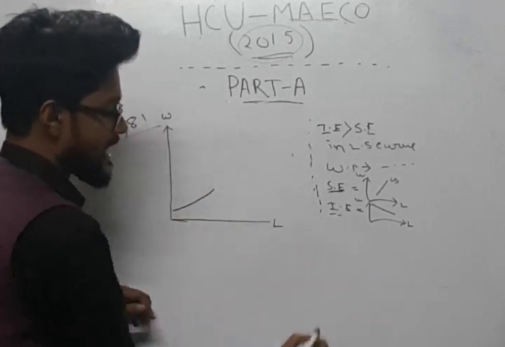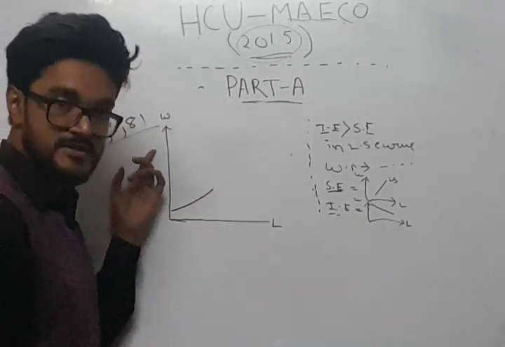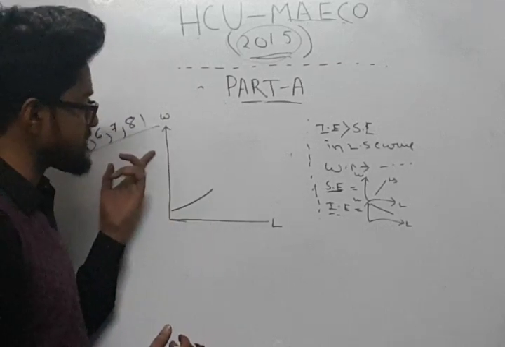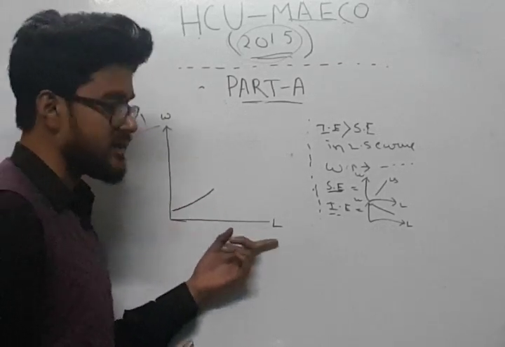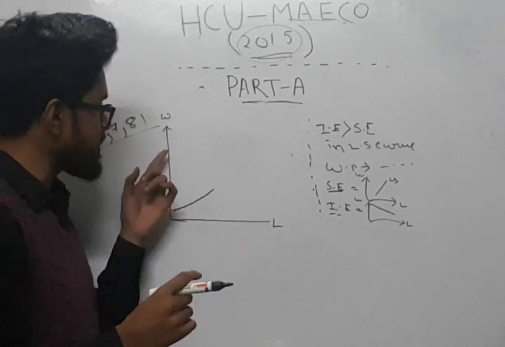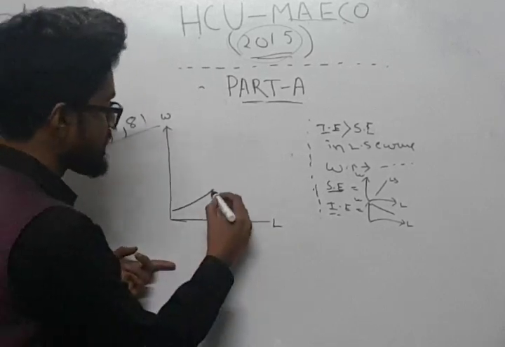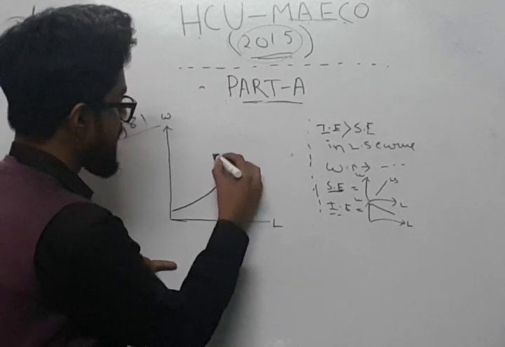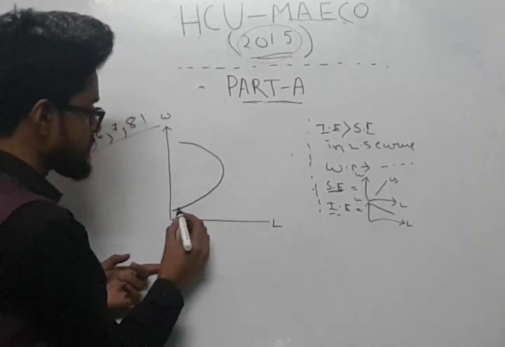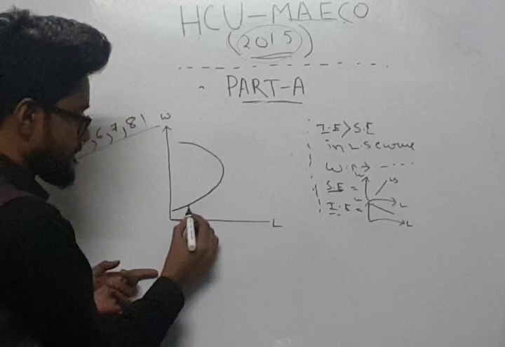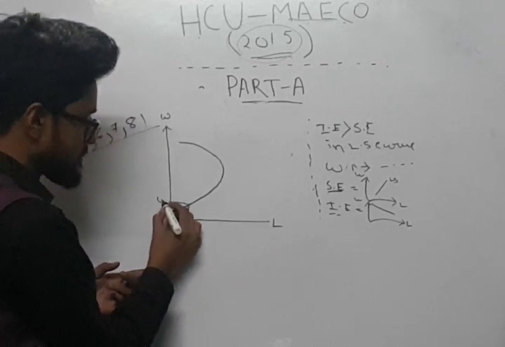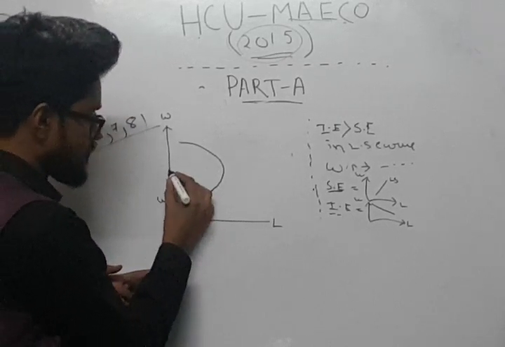But in the long run, as his income has increased to a substantial amount, he starts to prefer leisure over labor when his wage increases. This is the reason why we find the labor supply curve to be backward bending. At this level of wage, his labor is this.